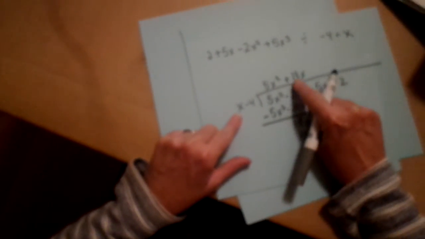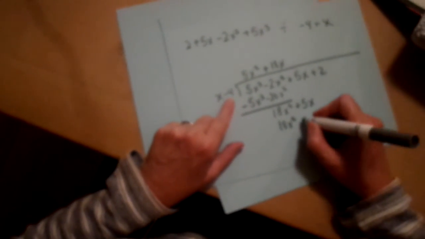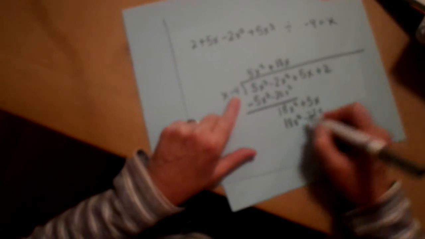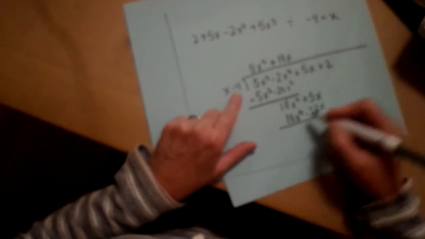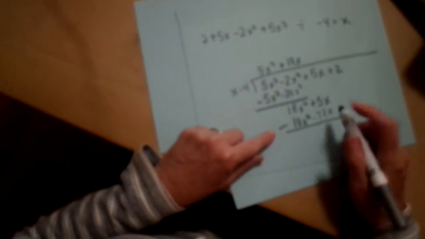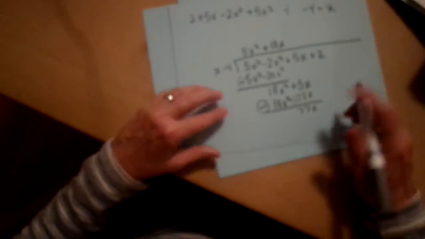You multiply positive 18x times negative 4, which gives you negative 72x. When you subtract it, you have a plus 5x minus a negative 72x, which gives you a 77x. Be really careful to remember that you're watching all of these signs. That will be where, in first place I would look if you got a mistake, is to check to see if you did the signs correctly.